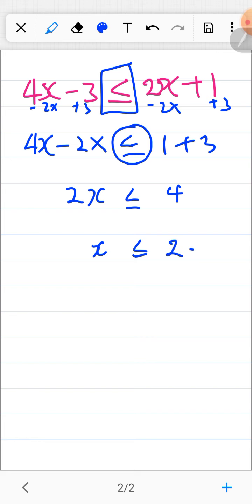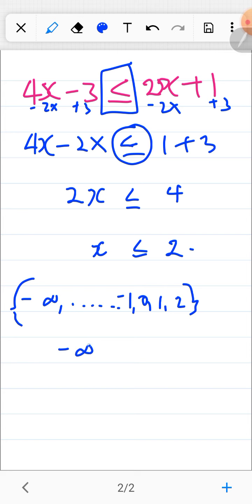The solution set for this one, if I want to write it as a set, I can write it in set notation. In interval notation, it will be negative infinity, not included, up to 2 included.